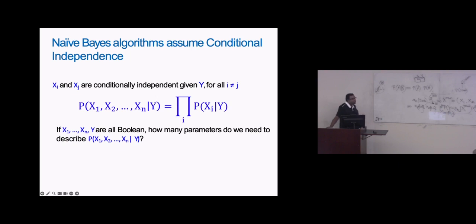Why? n times you multiply with other n variables. n power n? n factorial? n times number of classes?